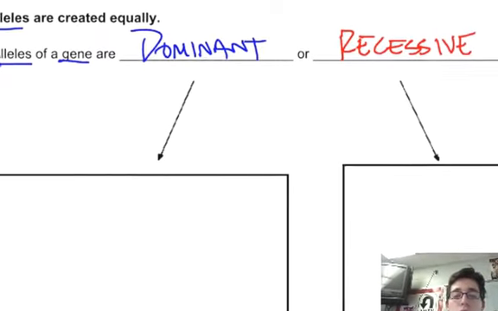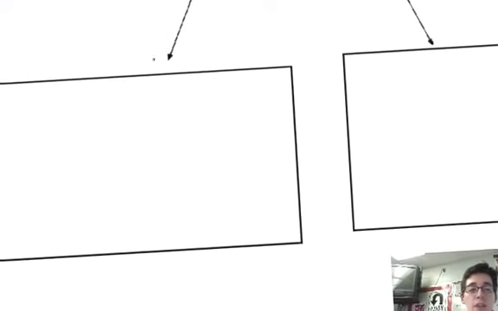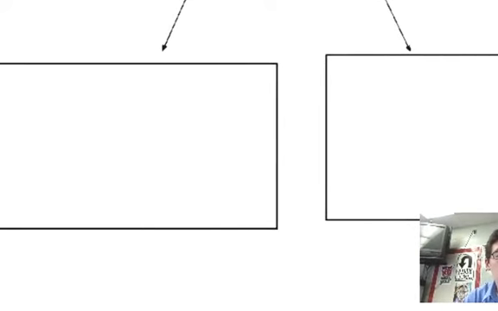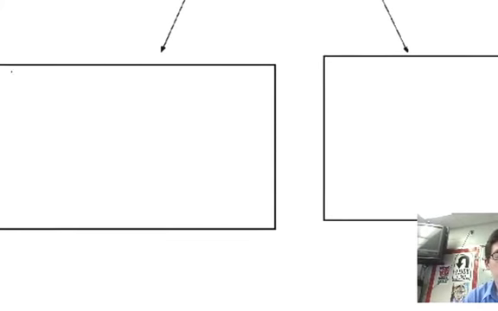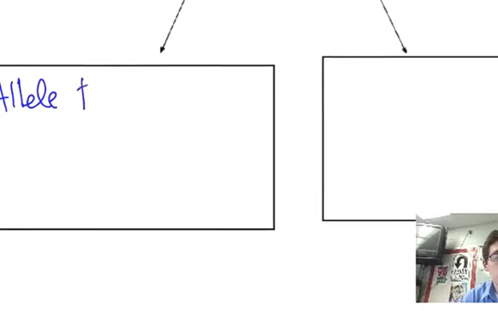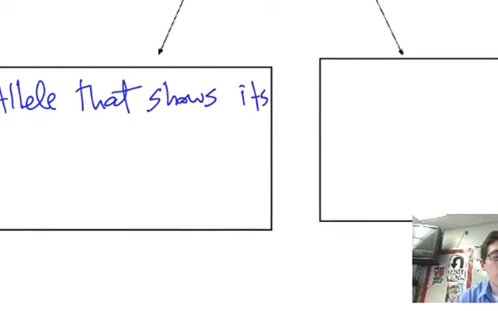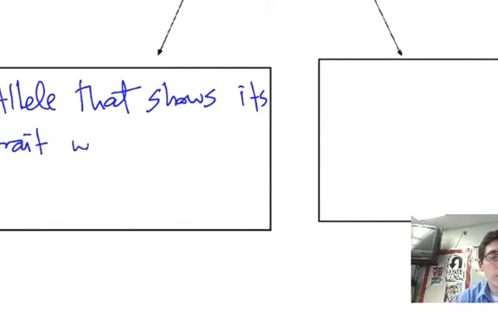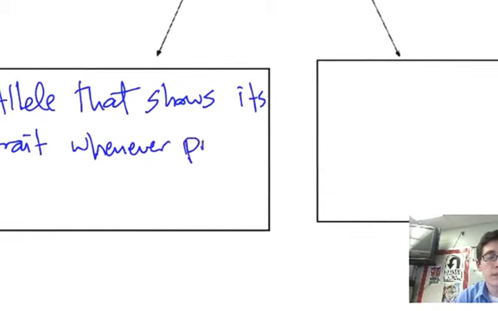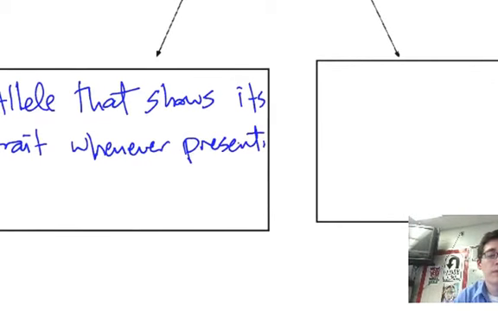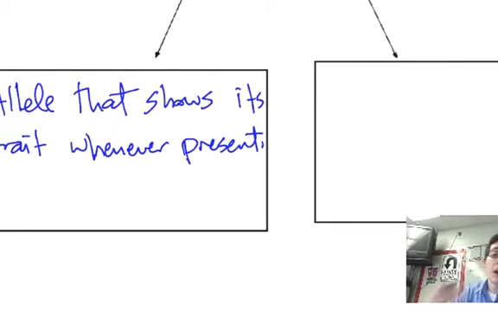Okay, so the alleles of a gene are either dominant or recessive, and a dominant allele, let me do this in blue, is an allele that shows its trait whenever present. So, for example, dark hair is a dominant trait.